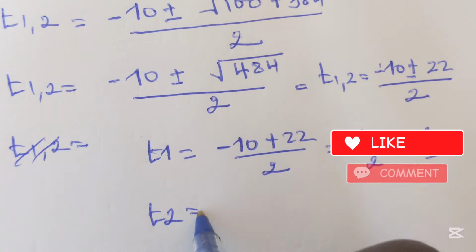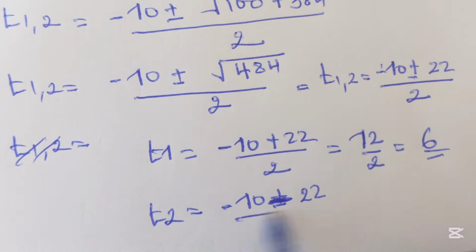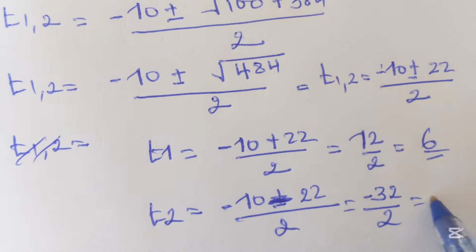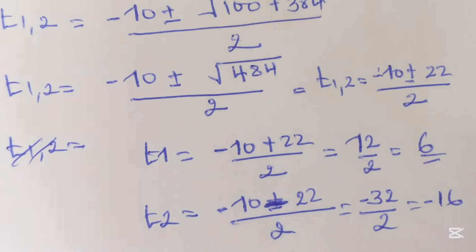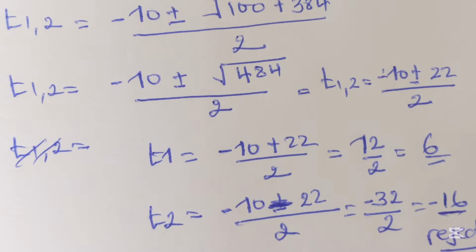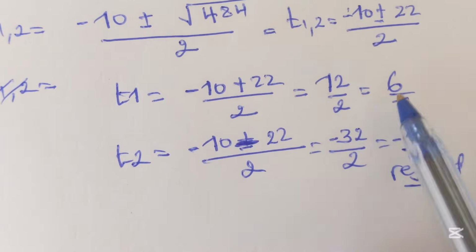Whereas t2 equals negative 10 minus 22 over 2. This is negative 32 over 2, which is equal to negative 16. And of course here we have a value of t which is negative, so it shall be rejected. Okay, this value will be rejected. So we're still dealing with this one.